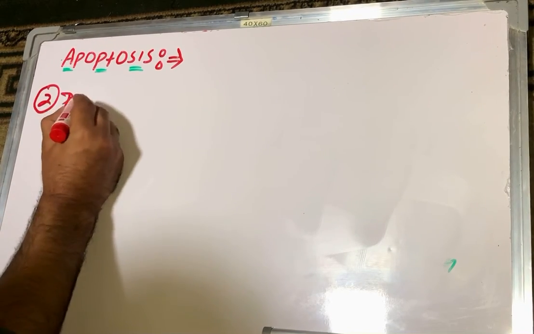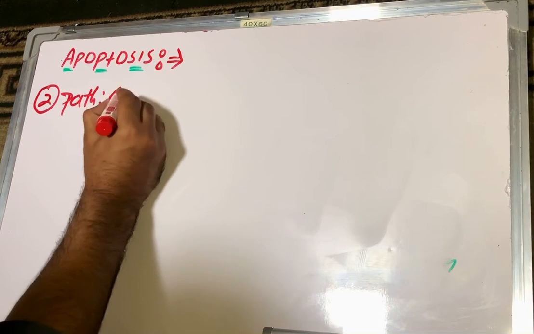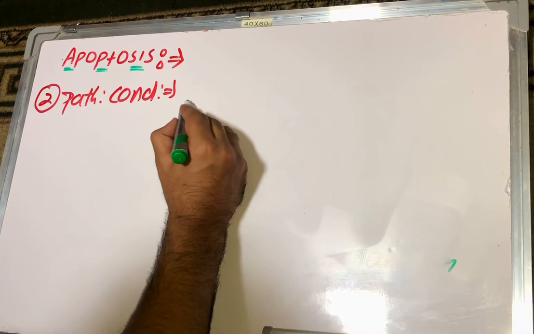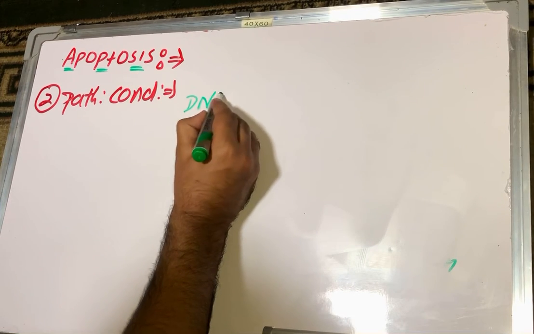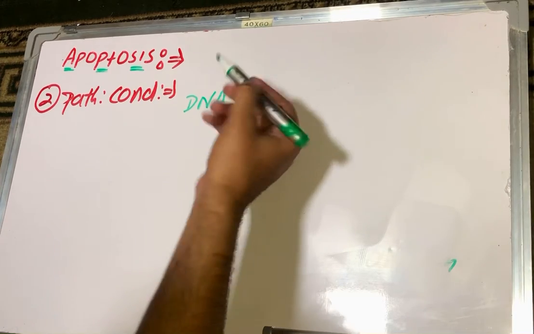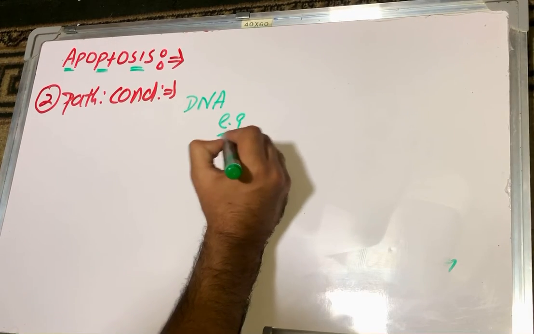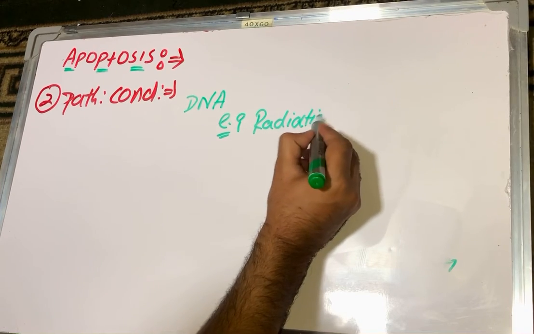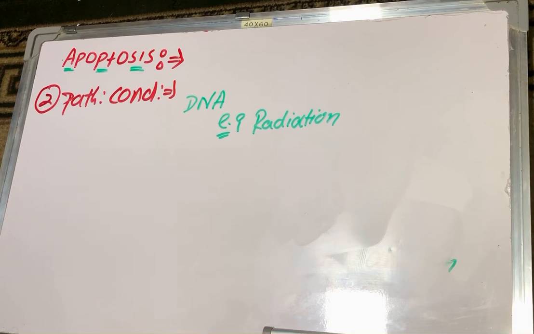Number second, what are the pathological conditions in which apoptosis occurs? This occurs when there is damage to DNA, for example due to radiation, toxins, etc., or chemotherapeutic agents.